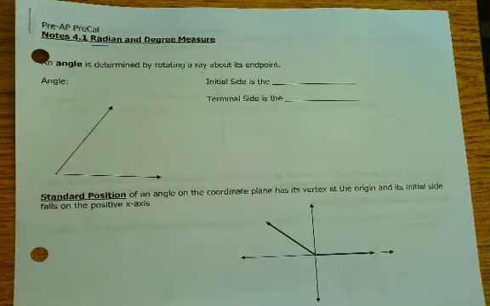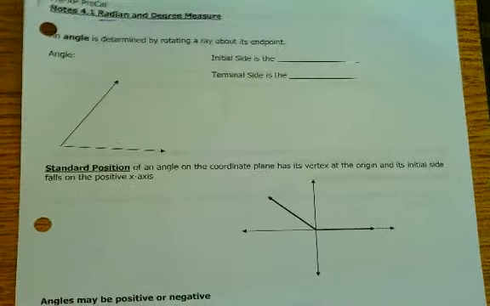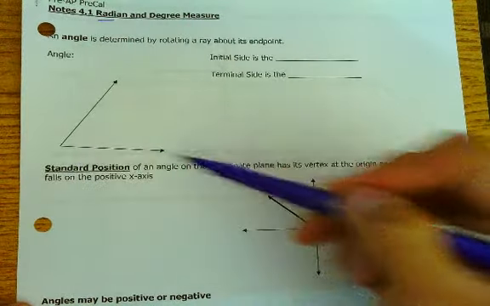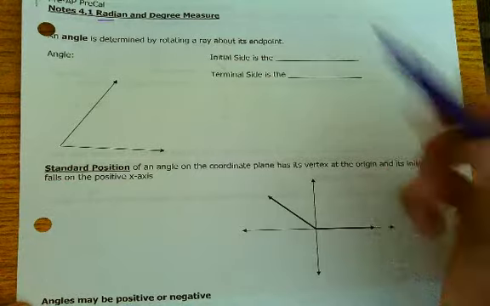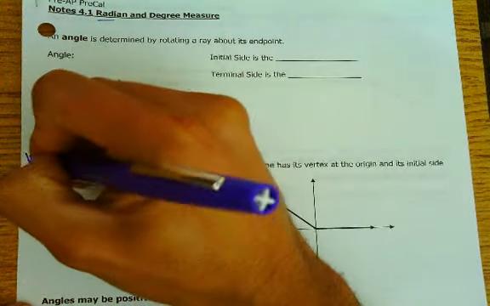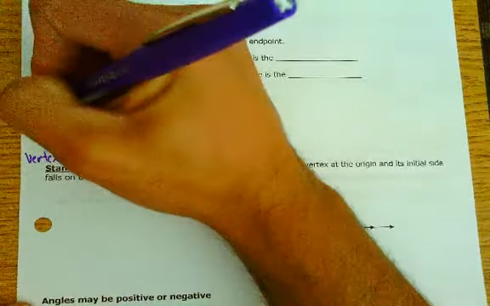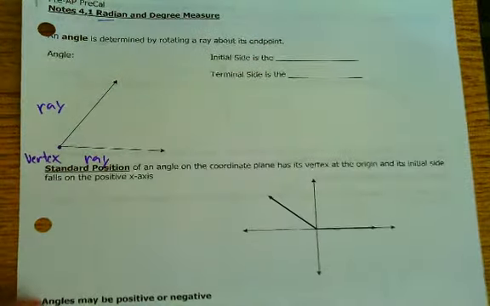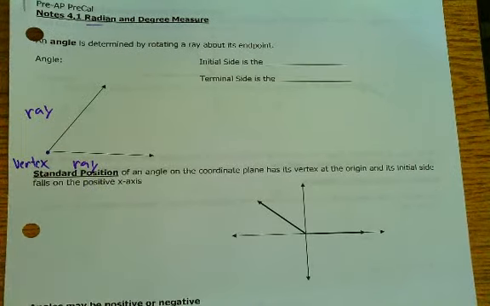We'll start with the most basic, which is the parts of an angle. We know that an angle has two what? What are these called? Two rays that are joined by a vertex. So this is a ray over here. We have another ray over here. And they have a vertex, correct?